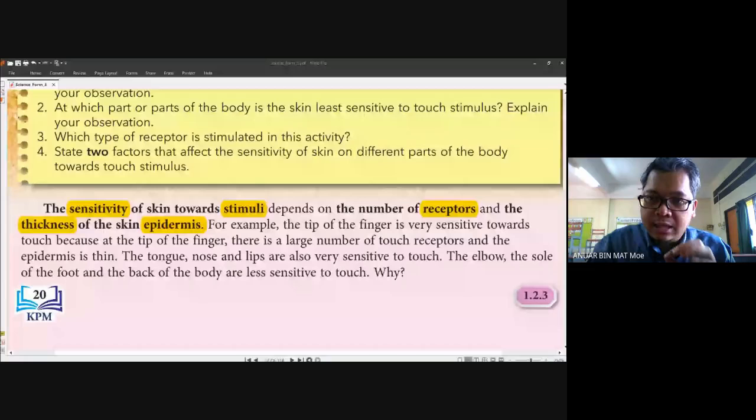Anybody? Logic saja, just logical. If the skin is thick, kamu rasa ada rasa ke ataupun ada kurang rasa kalau kulit itu tebal? Of course, yeah.